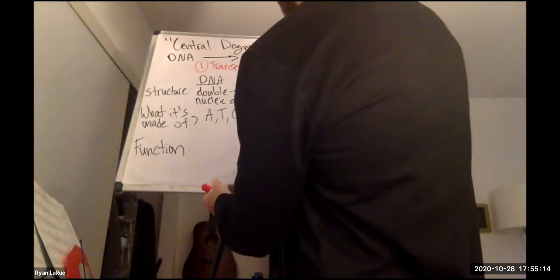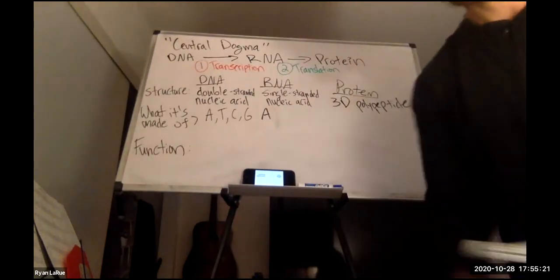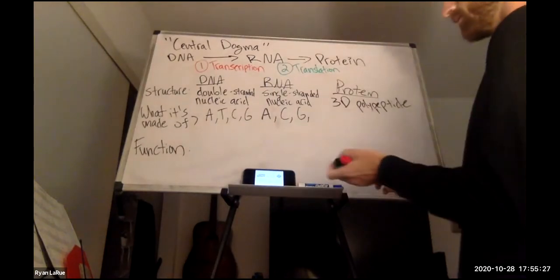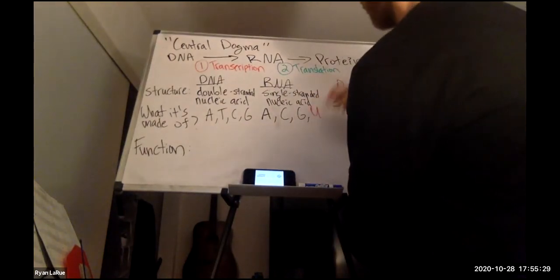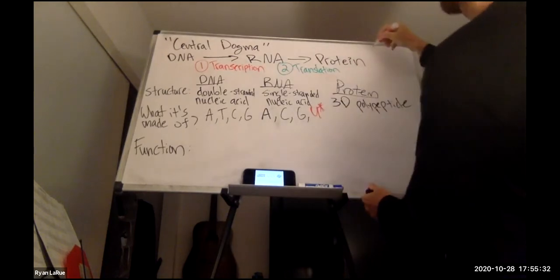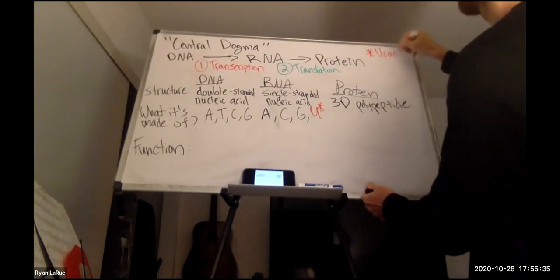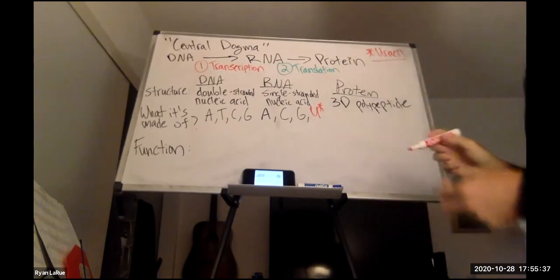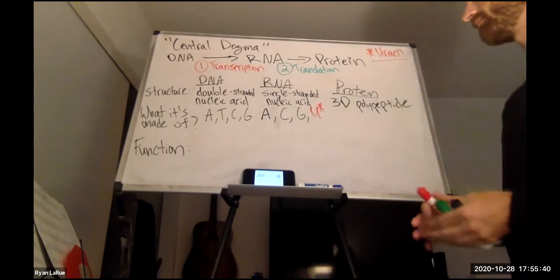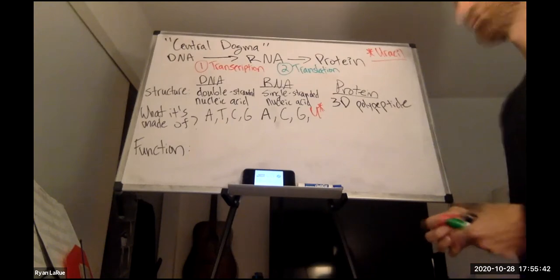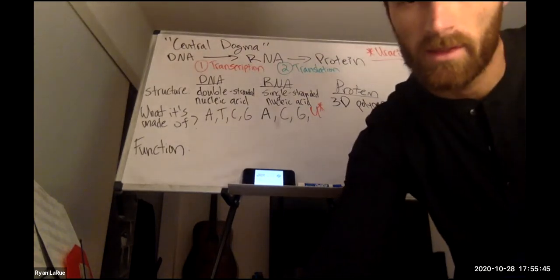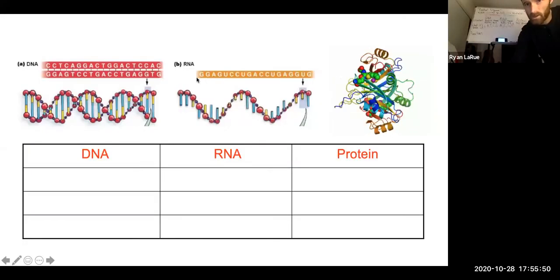RNA has adenine still, cytosine and guanine, but it has uracil, which is a U. If you look at the sequence of nucleotide bases here, you'll notice no T's in the RNA.